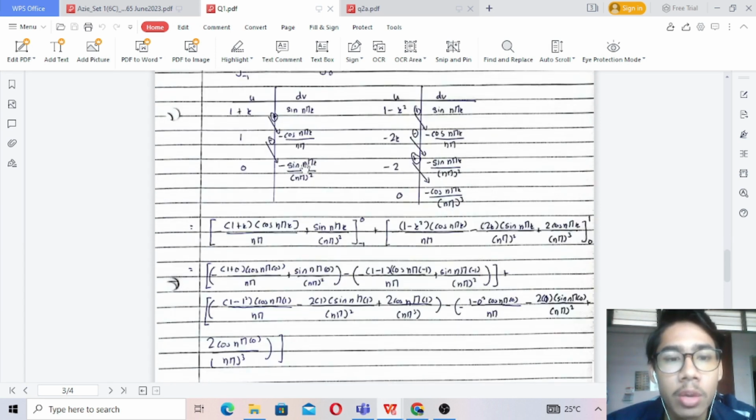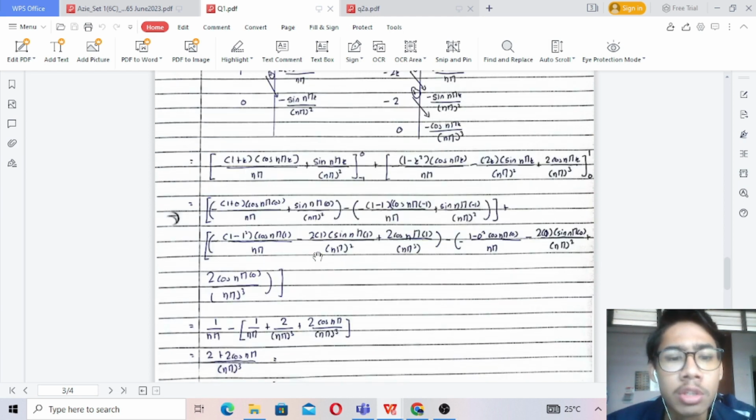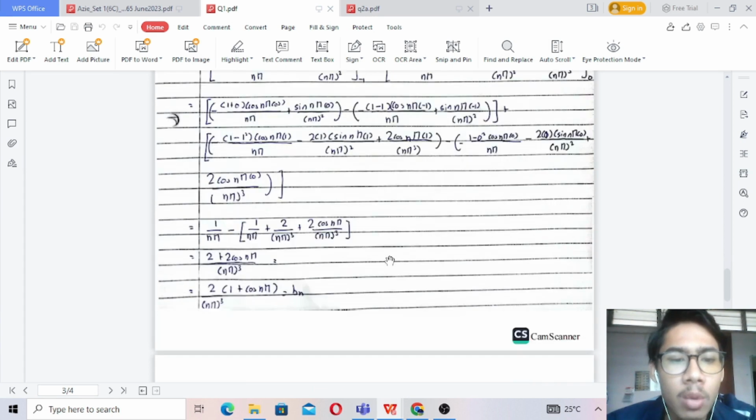And then we have to build the drawbridge and build the symbol, and then we combine it, and then we get the one long equation, which is what we want to calculate. And then for the bn, we get the final answer is (2 plus 2 cos n pi) per n pi cube.